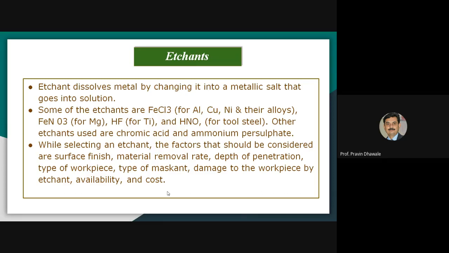Whenever you are selecting a particular etchant for a particular material in the chemical machining process, there are certain factors you must consider, like surface finish, material removal rate, depth of penetration, material or type of the workpiece, type of the maskant, damage to the workpiece by the etchant, availability of the etchant, and overall cost of the process.